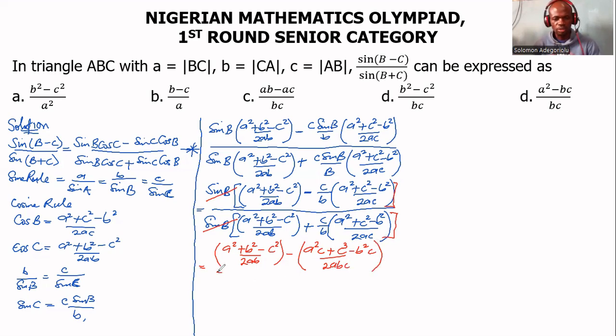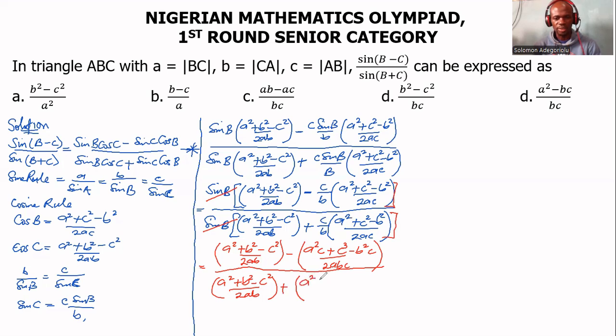Then we do the same thing to the numerator. For the numerator as well, we're going to have A squared plus B squared minus C squared over 2AB, close bracket. Then this time around it is plus here. Then we open another bracket. We use this to multiply this.